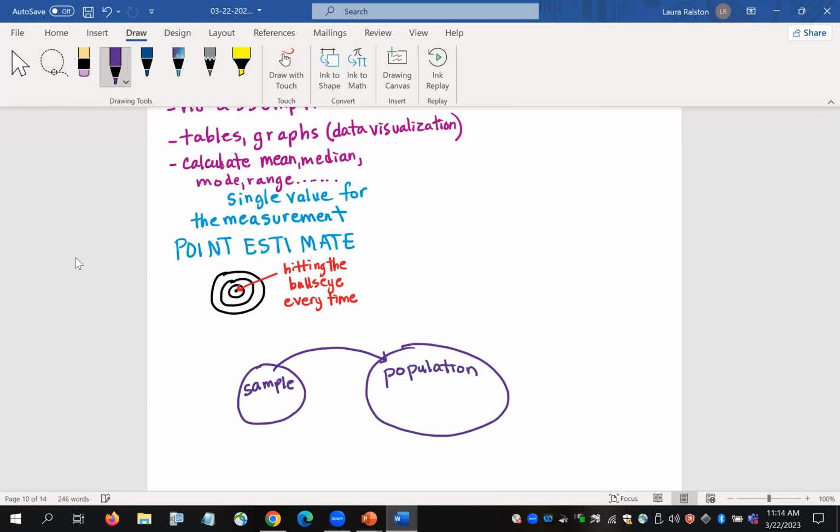We use what we learn about the sample to approximate the values for the population. And again, if I only have that one single estimate that I'm hedging my bets is correct, that kind of gets a little challenging.